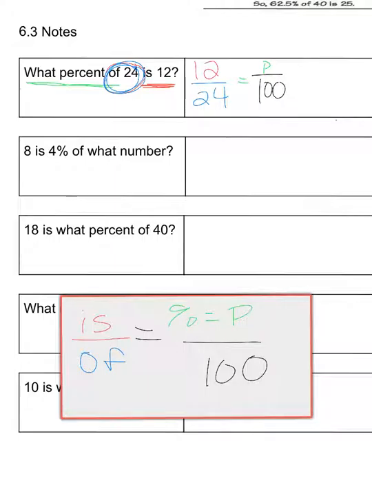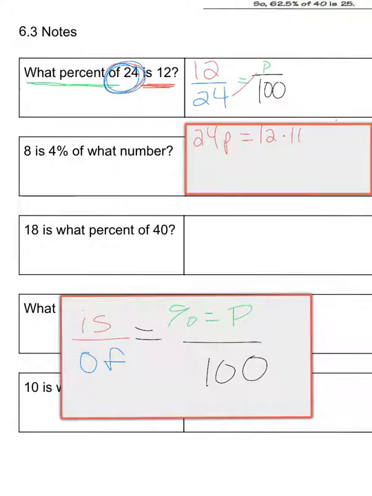Okay, so we know that 24 times P, so we're multiplying these two, is equal to 12 times 100.